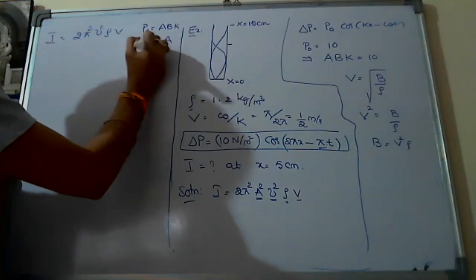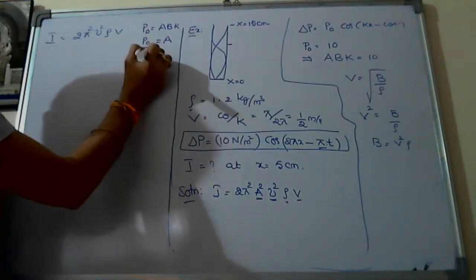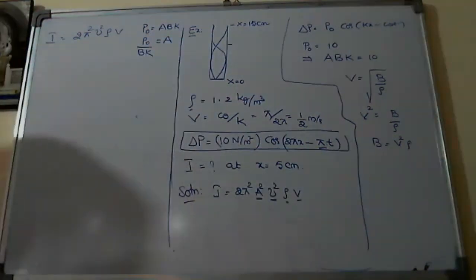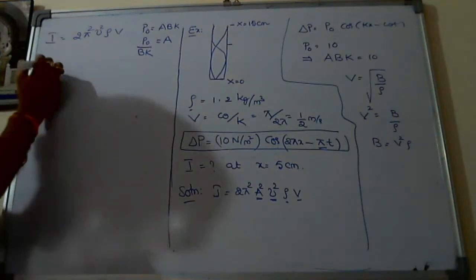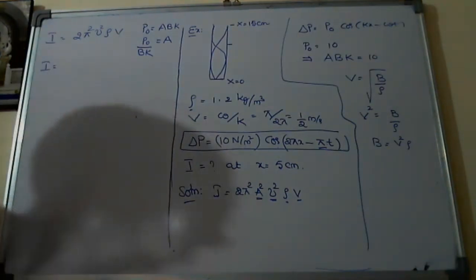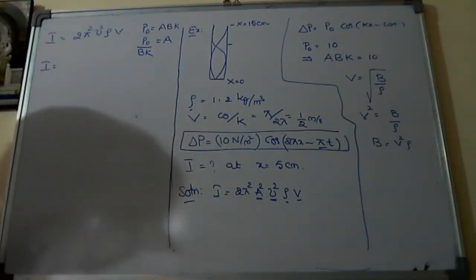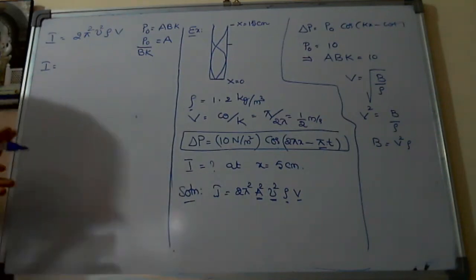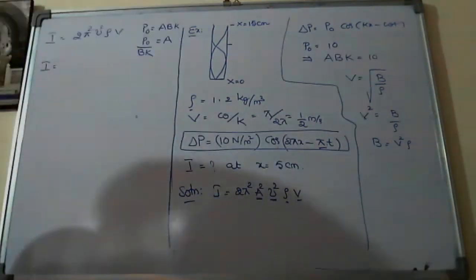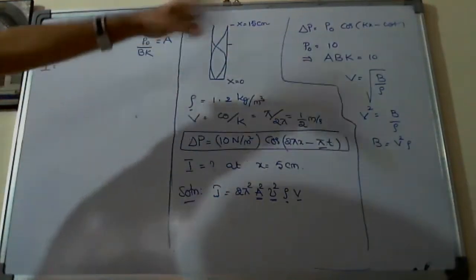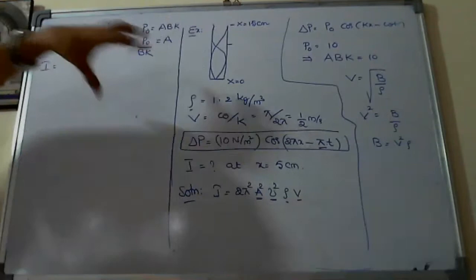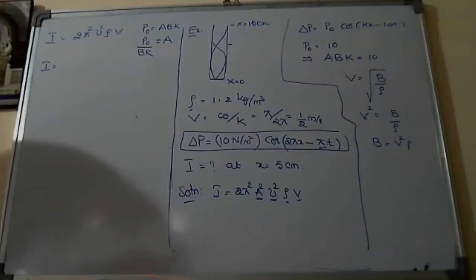A is equal to, if I write P naught by B K, I will get finally the intensity in some formula. A equal to 5 by 3 K. A is equal to 5 by 3 pi, sir. What I'm saying, from there you are trying to calculate, that is correct only. But what I feel, this appears to be a lengthy procedure. That's why I'm trying to extract some other form.